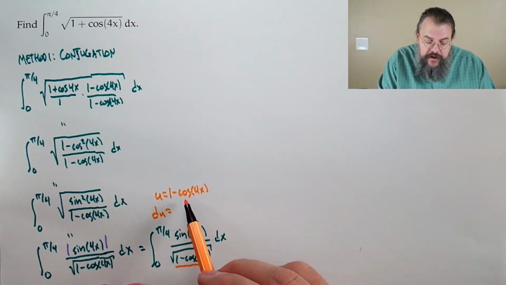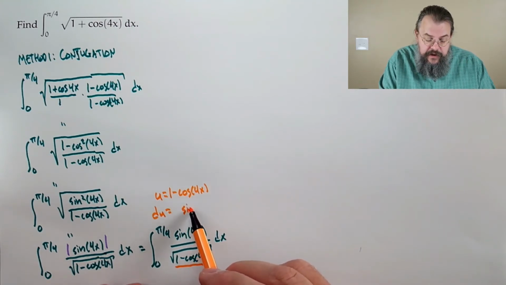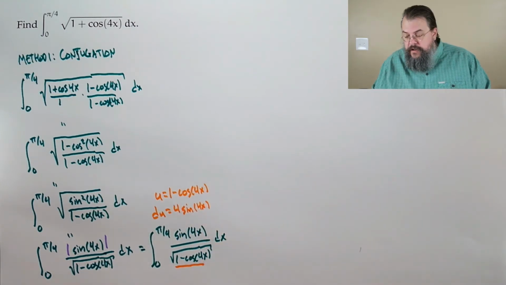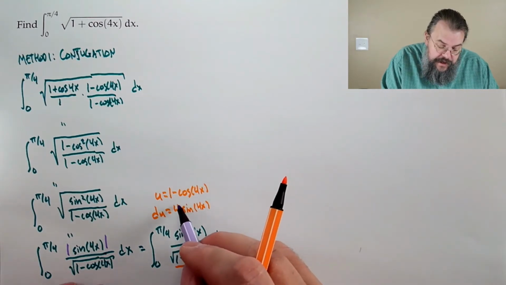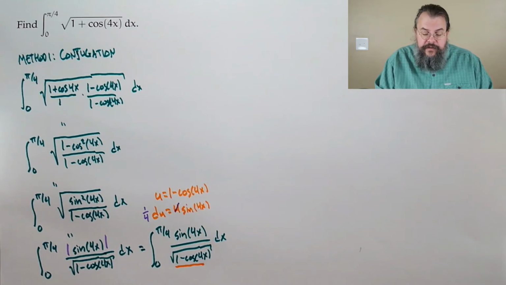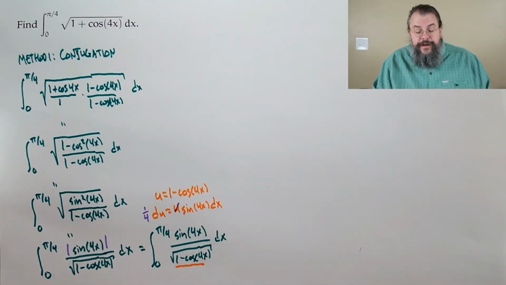Well, the derivative of cosine is negative sine. So you actually end up with a positive sine of 4x times 4. Well, all right, but we can do our fancy, hey, that's really 1/4 du is sine of 4x, and I forgot to write down the dx, but that's all right. Now we have it.